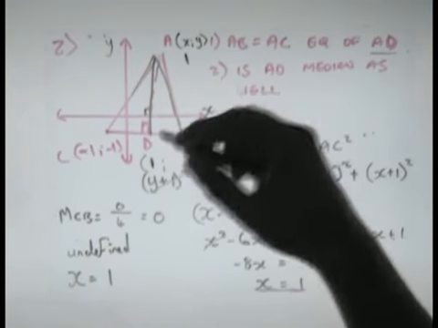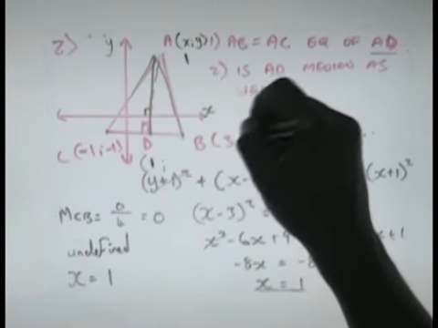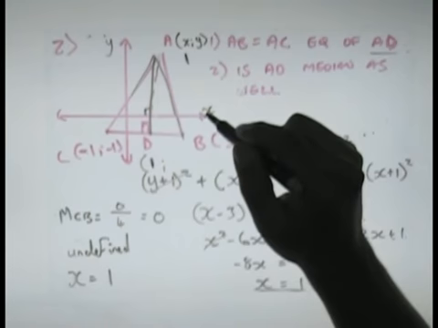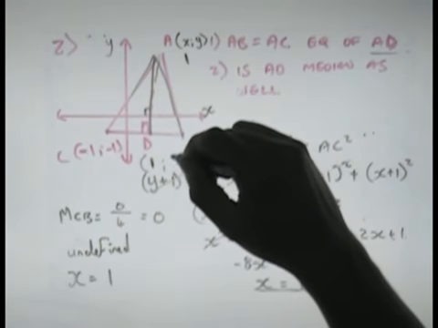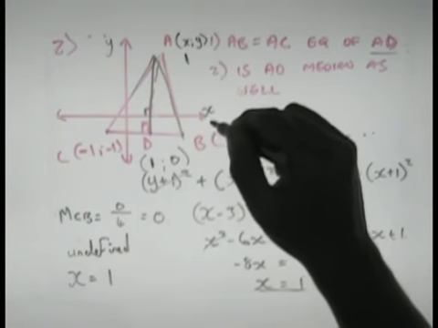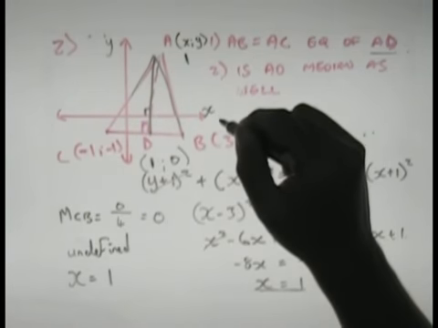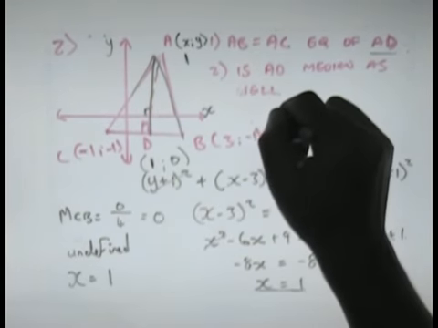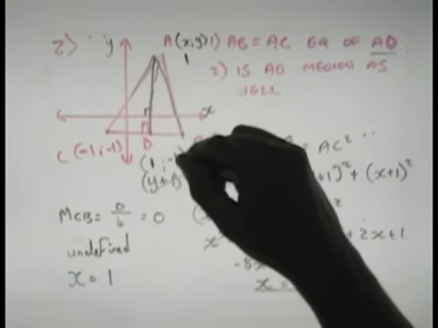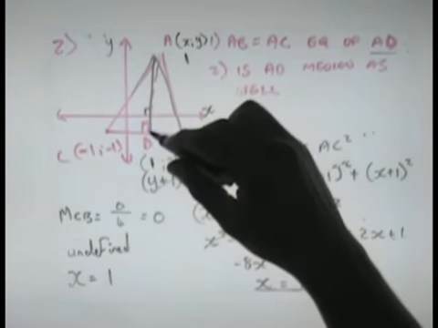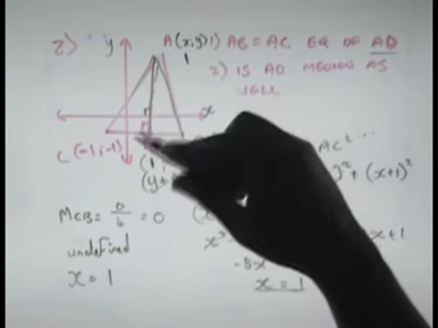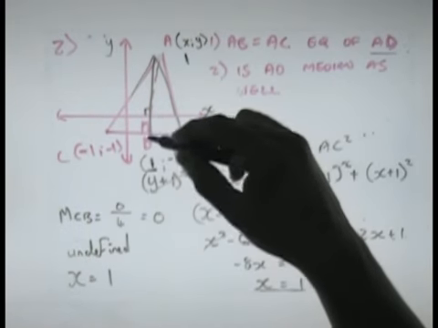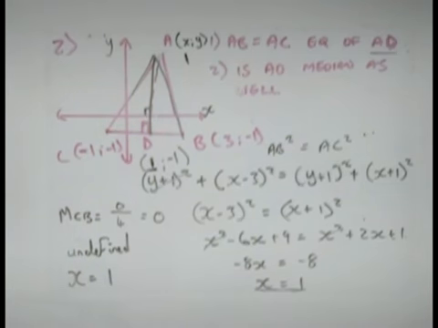In terms of the y values, we're going to get negative 1 plus negative 1, which is negative 2 over 2, which is negative 1. Now we don't have the y coordinate of D, and we haven't been able to calculate it, but based on the x value, D is the median as well as the height.